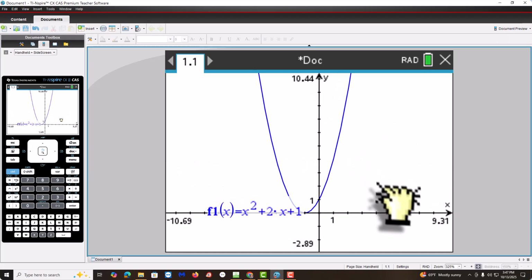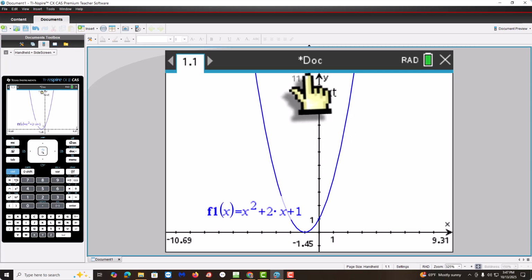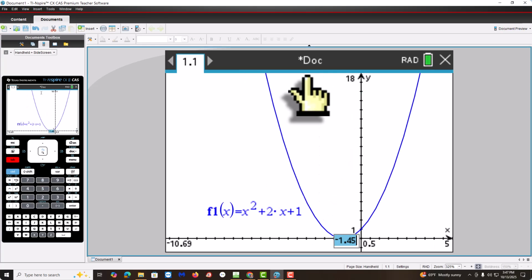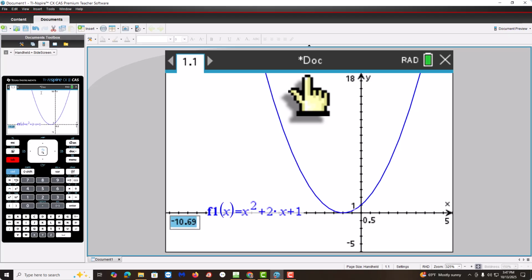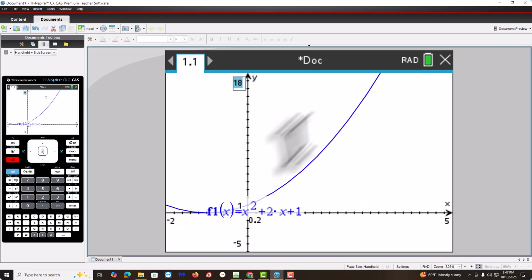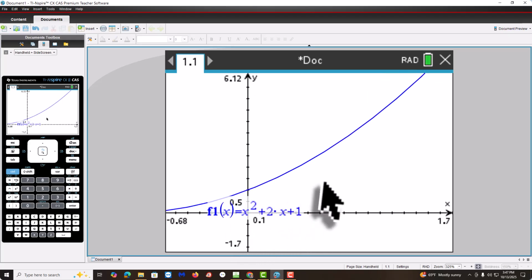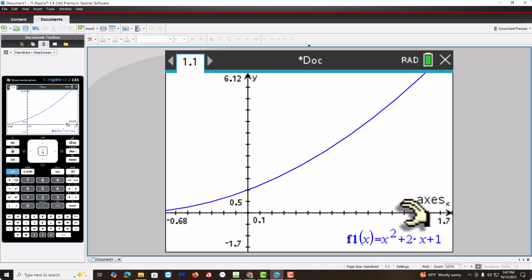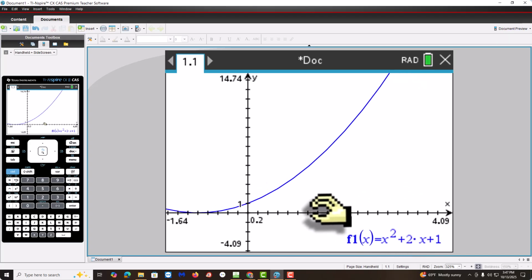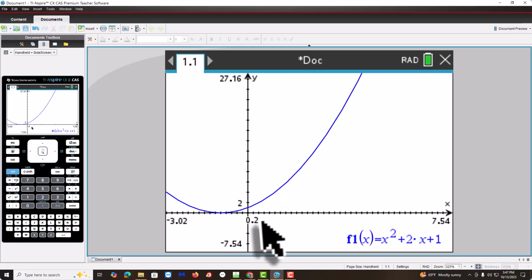I don't really need the whole thing, I want to go to 3. So we'll go down here like this and count by 1. Count by 5. So there we go.